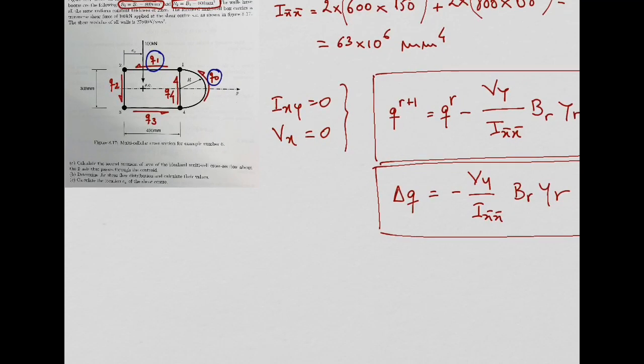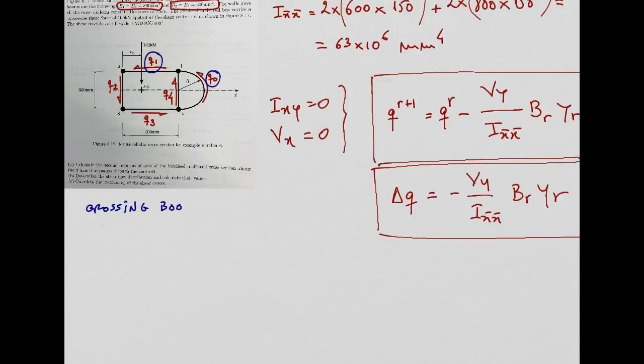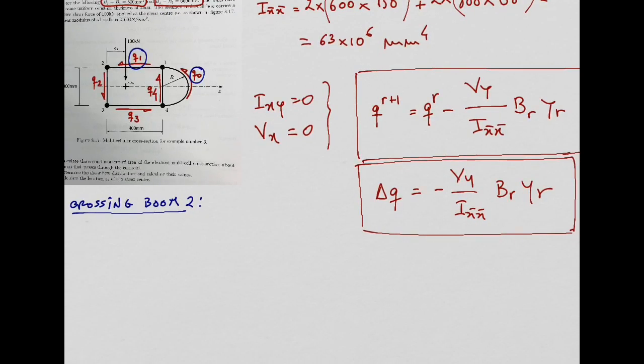All right, so now, let's do it this way, crossing boom number 2. If I look at this equation, the shear flow after crossing boom number 2, Q2, needs to be equal to the shear flow before crossing the boom, which is Q1, minus the transverse shear force, minus 100 kilonewtons.